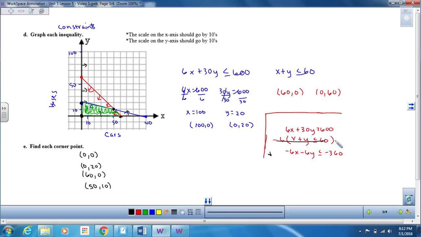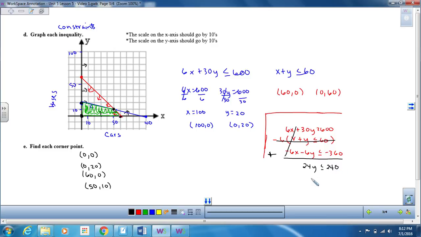Let me cross that one off. So that's 24y equals 600 plus -360, which is 240.